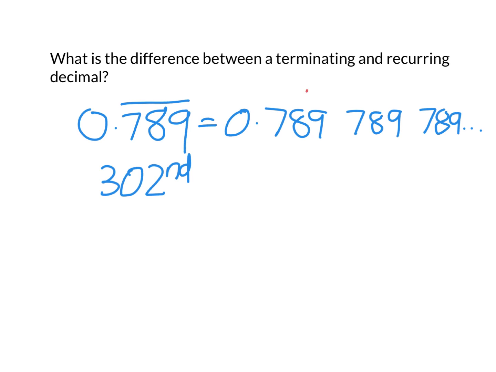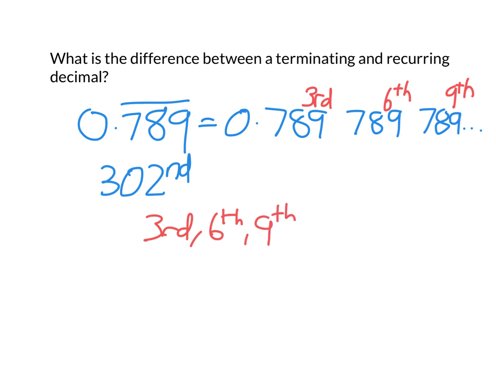So we see that the third digit after the decimal place, the sixth digit, the ninth digit, and so on, they're always 9. So third, sixth, ninth, and we can keep following this pattern, 12th, 15th, 18th, all the way up to the 300th. I can tell that the 300th digit after the decimal place will be 9.